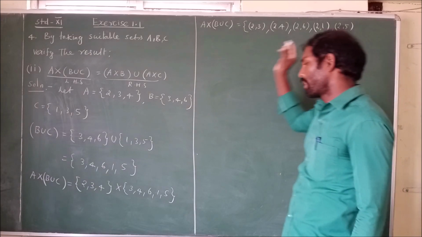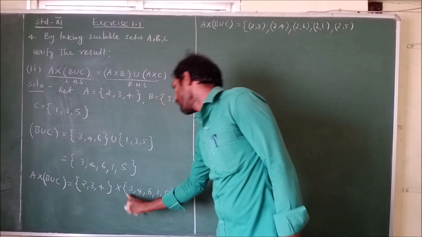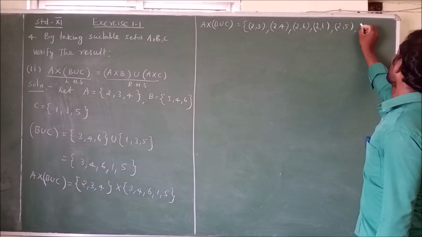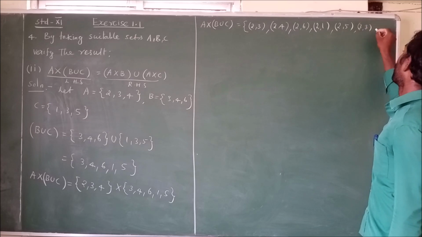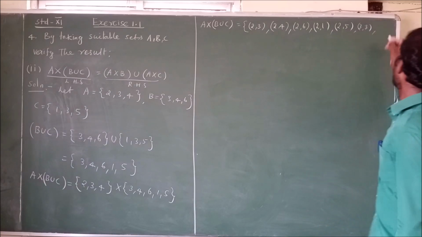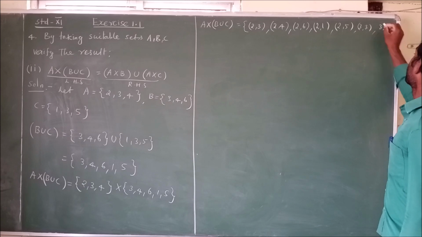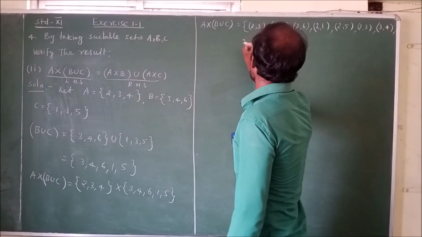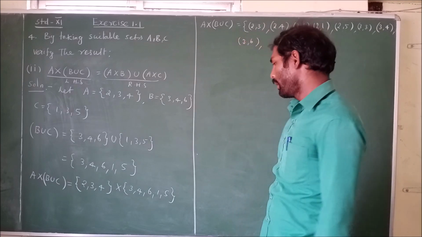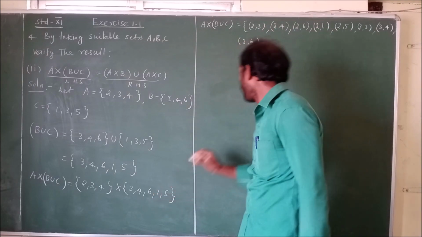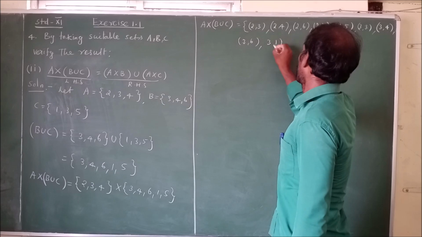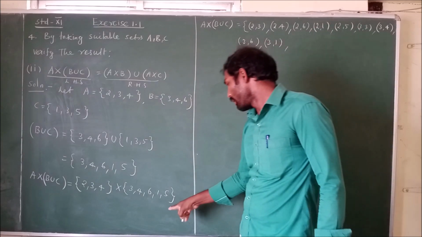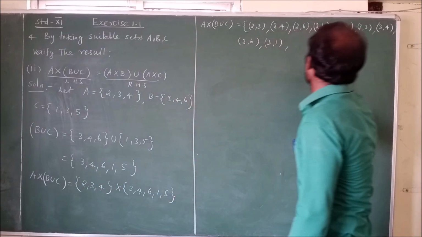Again, the second element 3 is multiplied: 3, 3 and 3, 4. The second pair is 3, 6. The third pair is 3, 1. The fourth pair is 3, 5.